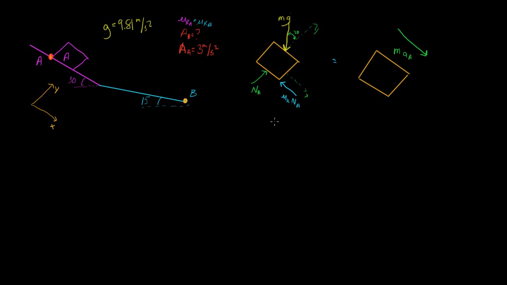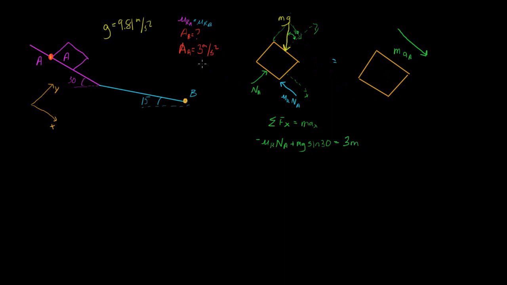Now, we can sum our forces. If we sum our forces in the x direction, which is positive this way, we get mass times acceleration in the x direction, equal to minus mu k times N A plus mg times the sine of 30 degrees. This is equal to a mass m times this acceleration in the a direction, which we're given is 3, so it's equal to 3m.